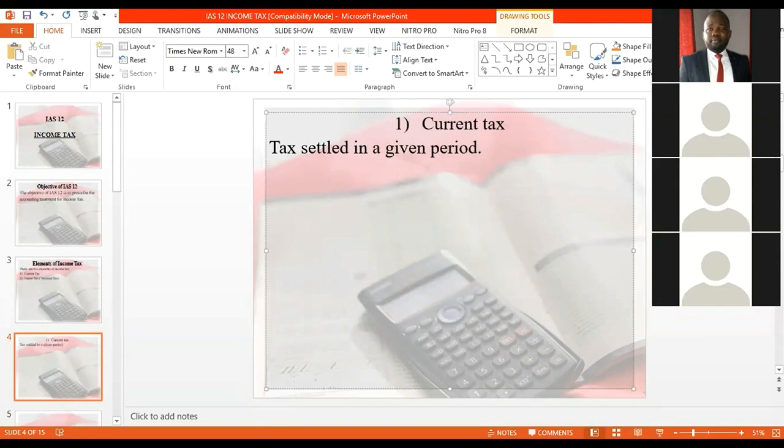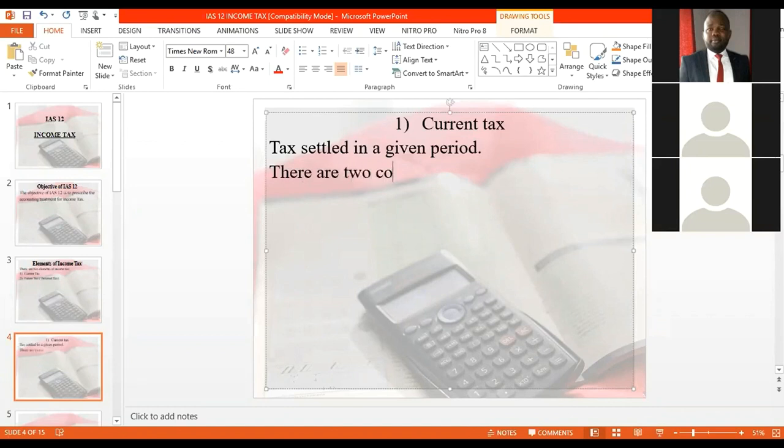So there are two components of current tax, or some books call them elements of current tax.